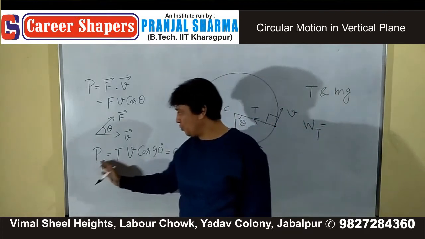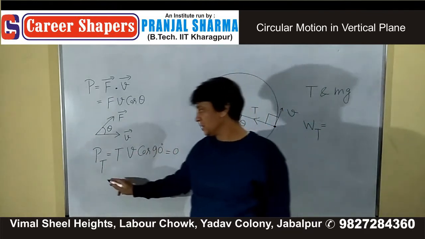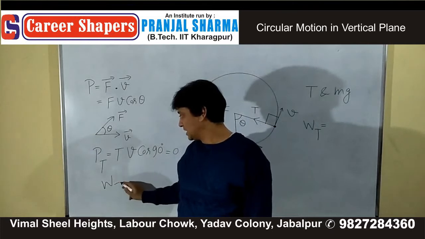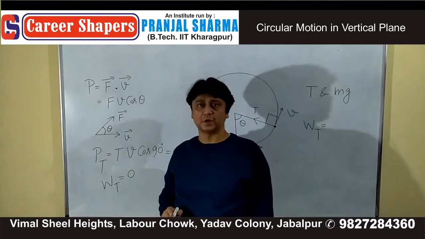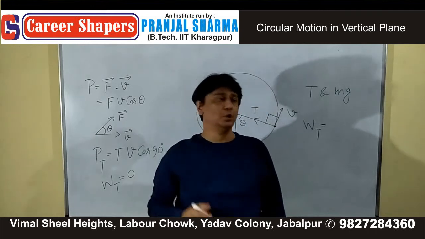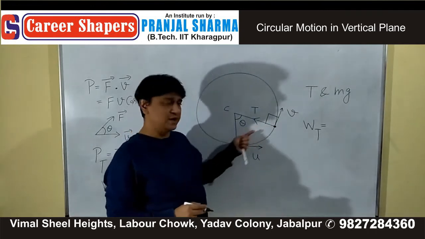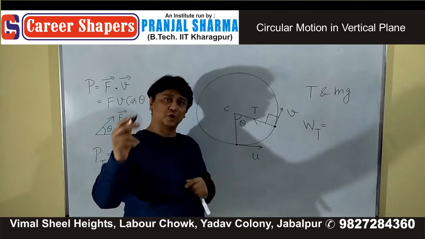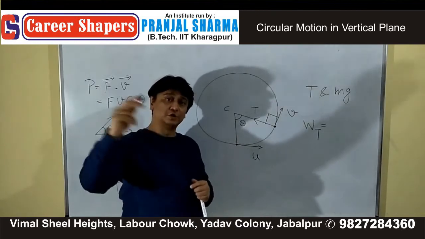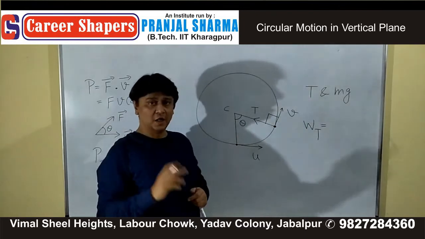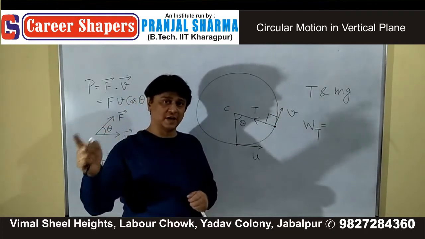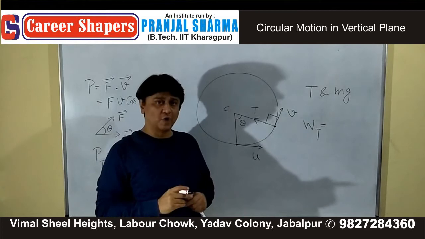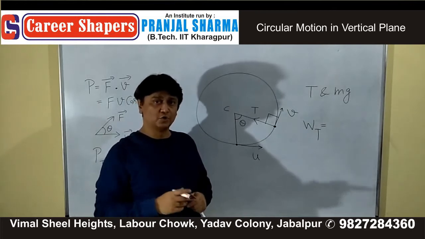Since no power is there, work done by tension force should also be zero. Now what people do, they go for this displacement and all, then they multiply force into displacement into cos of theta. That's not valid. Why? Because Fs cos theta is used when things are uniform.